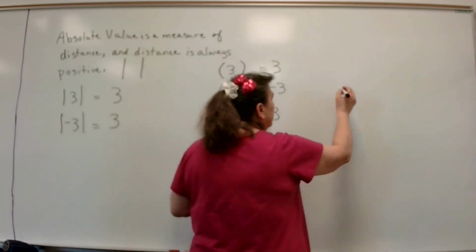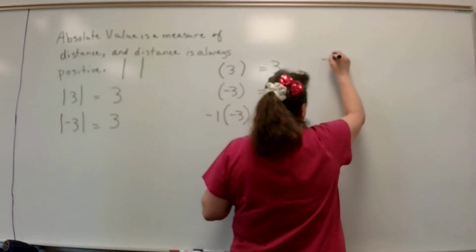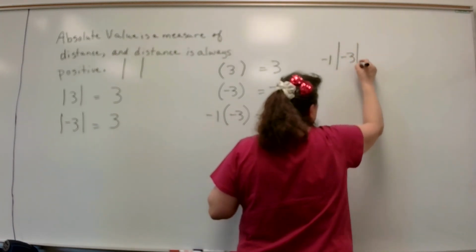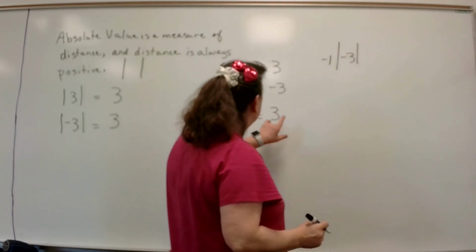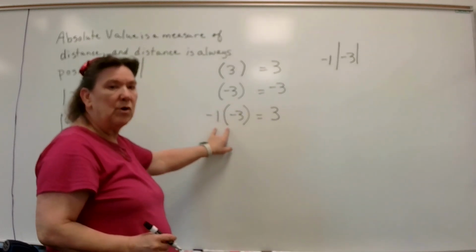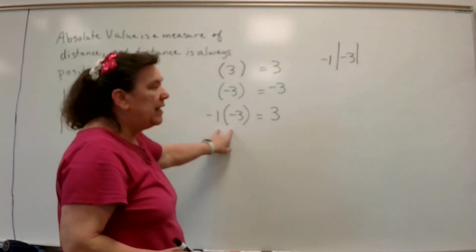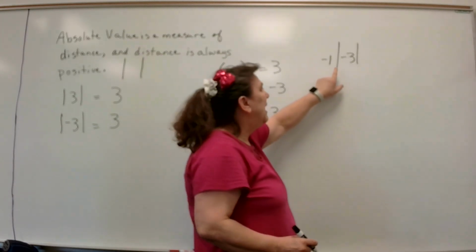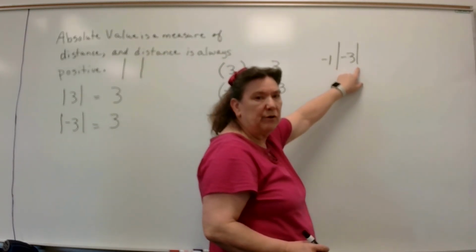If I had a negative 1 times an absolute value of a negative 3, this is not the same as this, where I can multiply those two together. As long as this negative 3 is inside the absolute value, I have to take care of my absolute value first.